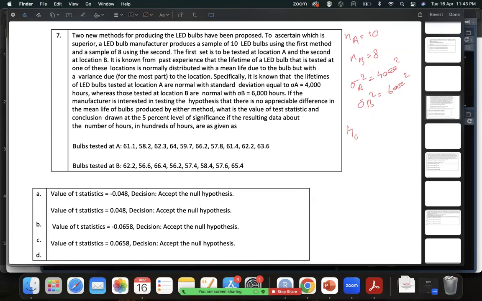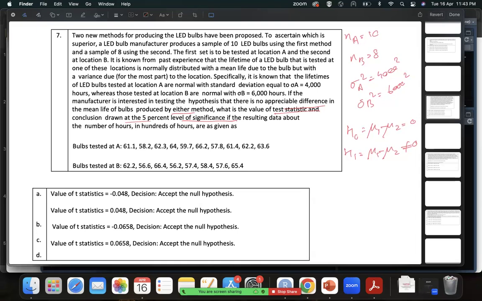So H naught is mu1 minus mu2 equal to 0, and the alternate hypothesis is mu1 minus mu2 not equal to 0. No observable difference is produced by either method. What is the value of the test statistic and the conclusion drawn at 5% significance level?